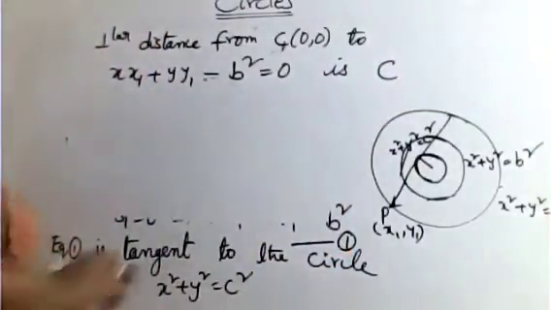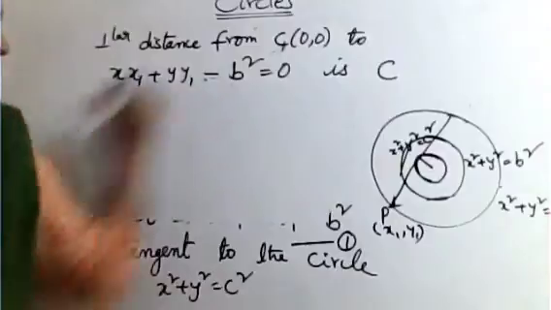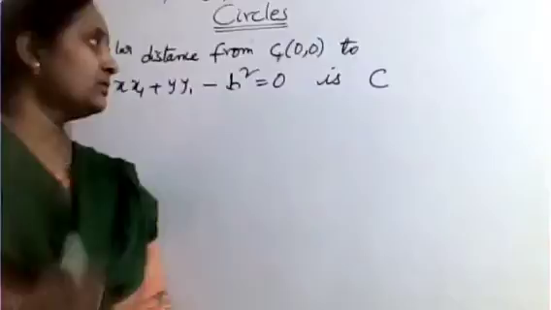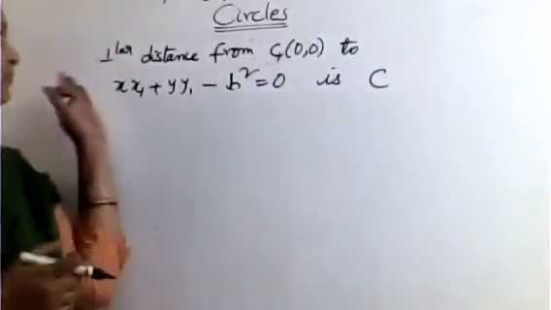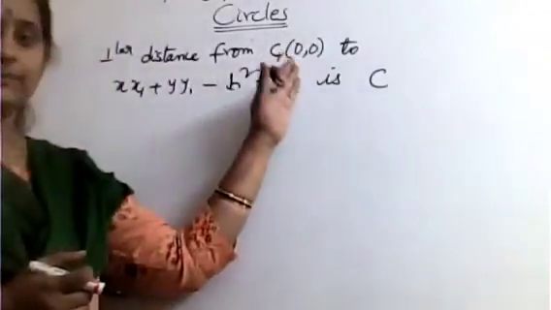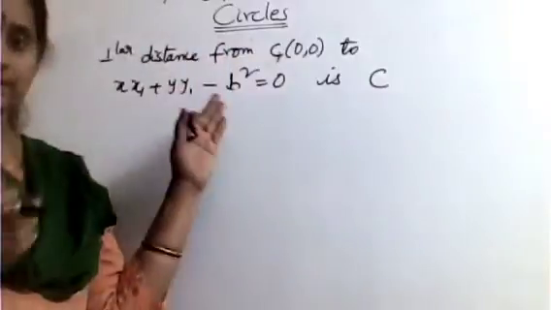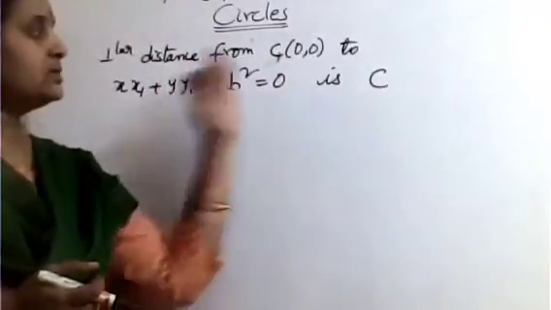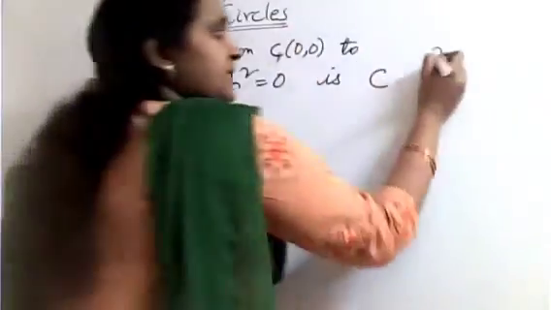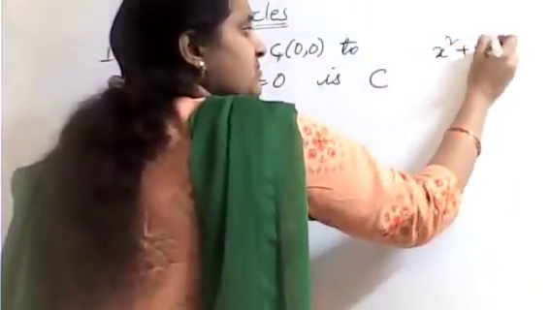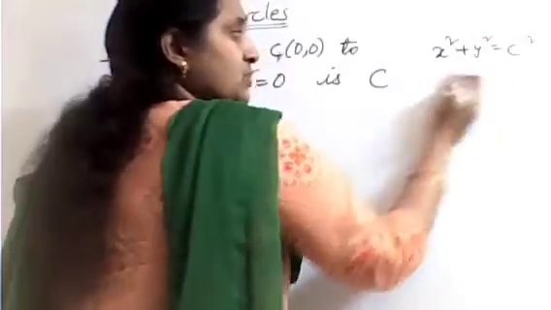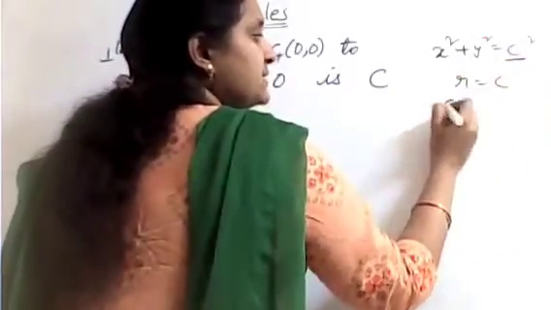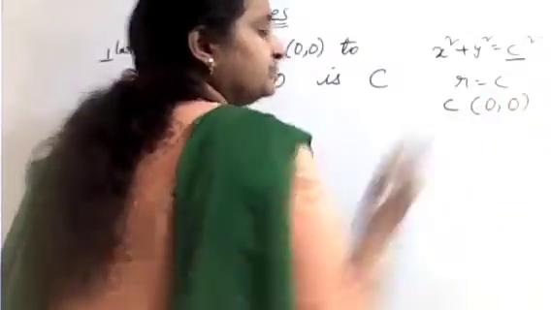So now we need to find the perpendicular distance from the center of the third circle to this tangent. The third circle is x square plus y square is equal to c square, so c is the radius and the center is (0, 0).